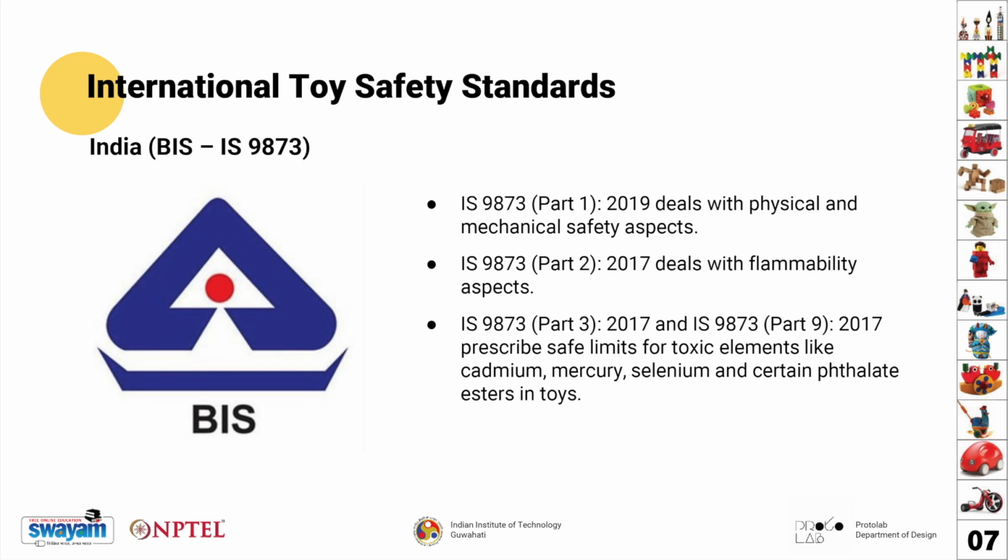It focuses on minimizing potential hazards during normal and reasonable foreseeable use by children under 14 years. The standard includes design specifications to prevent risks such as choking, sharp edges, entrapment, and collapse.